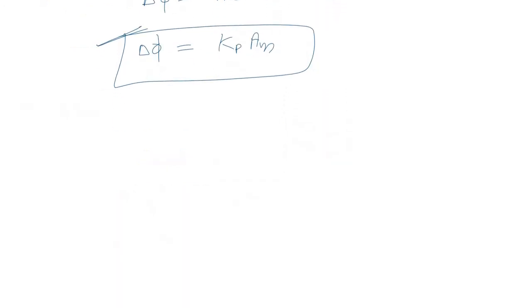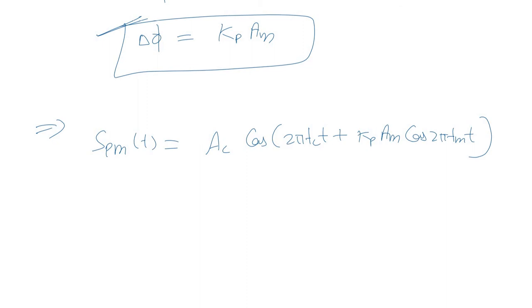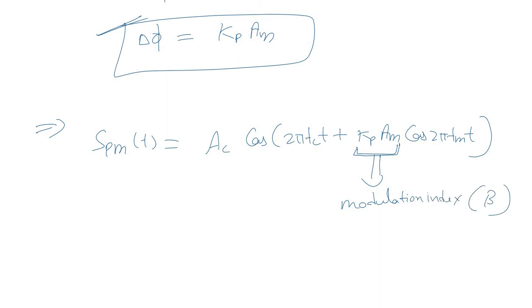Thus we can say that the standard expression of PM by substituting the sinusoidal message signal would be equal to Ac cos 2 pi fc t plus Kp into Am cos 2 pi fm t. Where this Kp into Am is nothing but your modulation index beta, and it is also equal to your maximum phase deviation, delta phi.